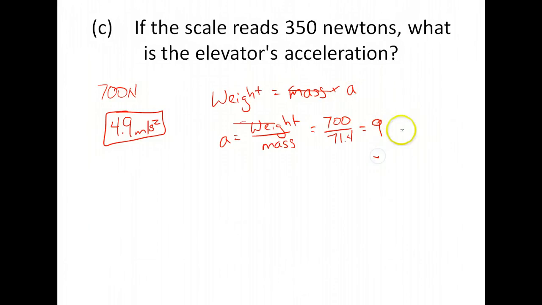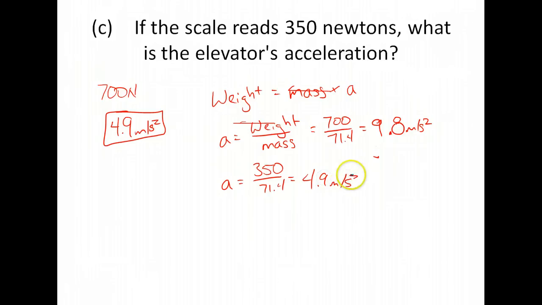Now, what happens if we have half the weight, 350? We still have the same mass, 71.4, and what do we get if we take 350 divided by 71.4? Well, we get 4.9 meters per second squared, and there it is mathematically for us. Okay, that's a simple way to solve it.